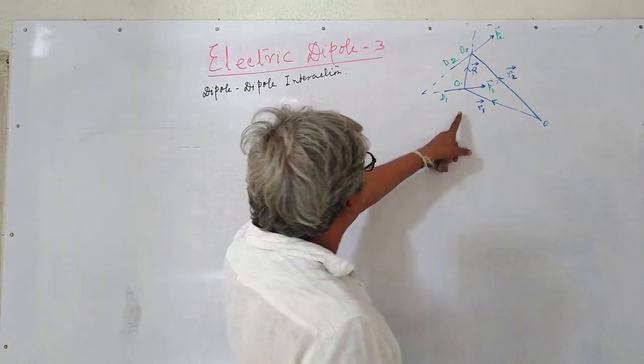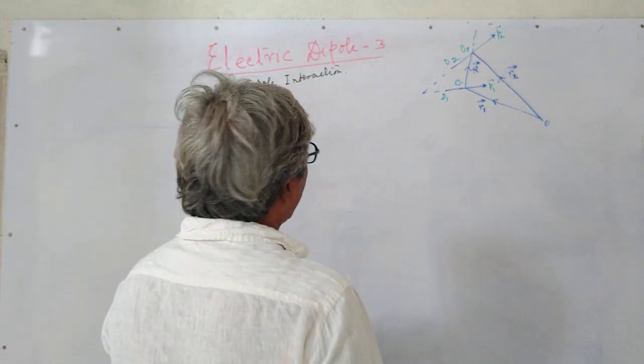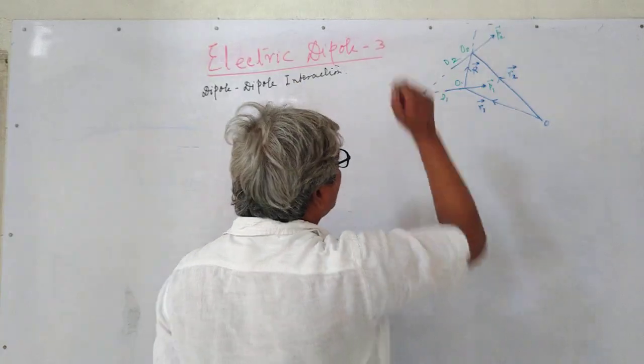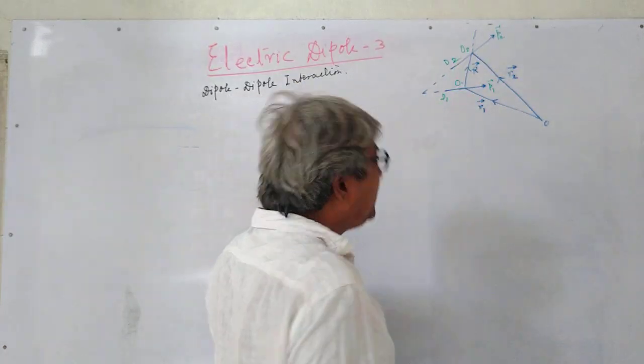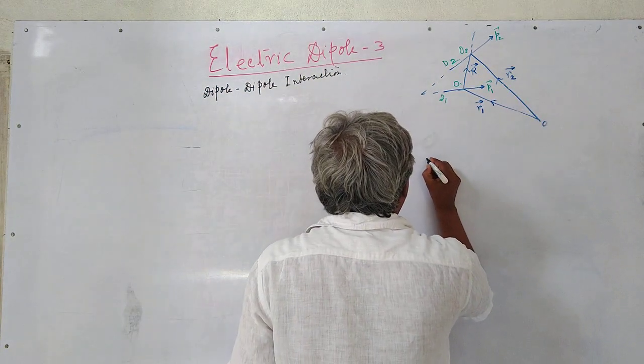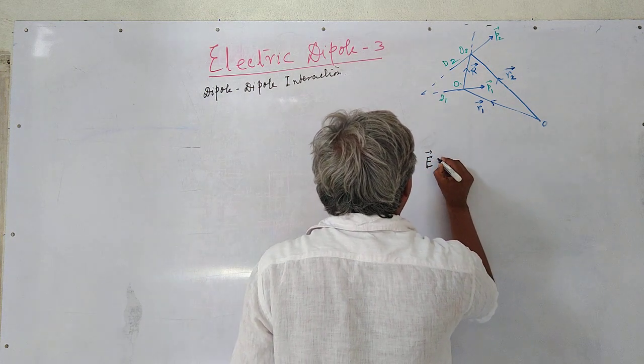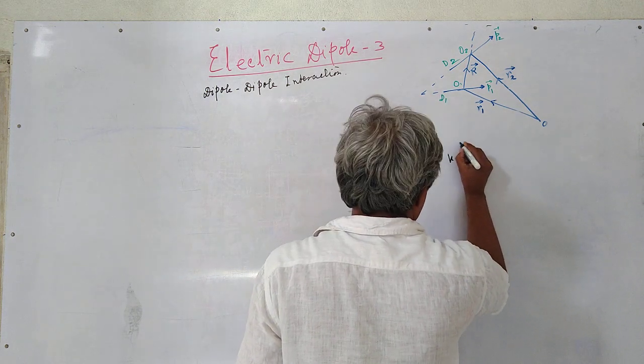First, let me calculate the field that is produced at O2 due to D1. Remember that whenever a dipole of moment P is placed in vacuum, the field produced is given by this expression.